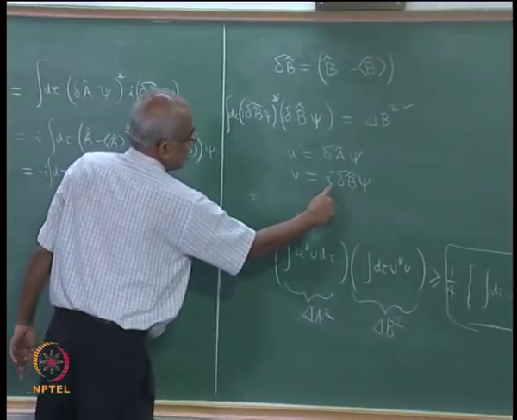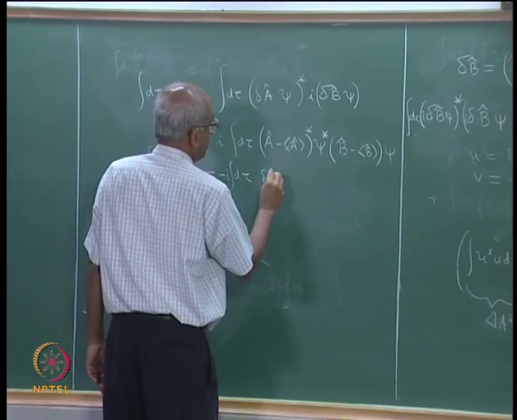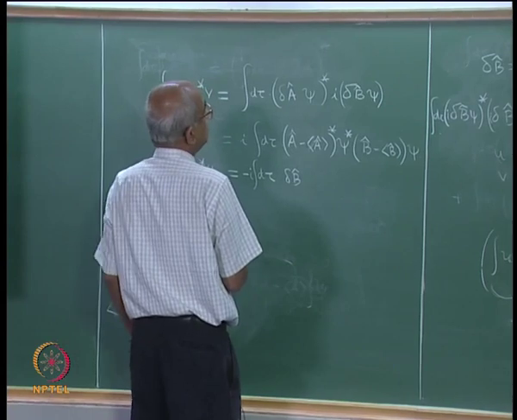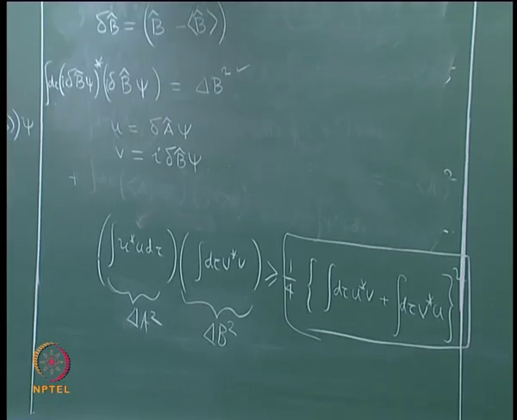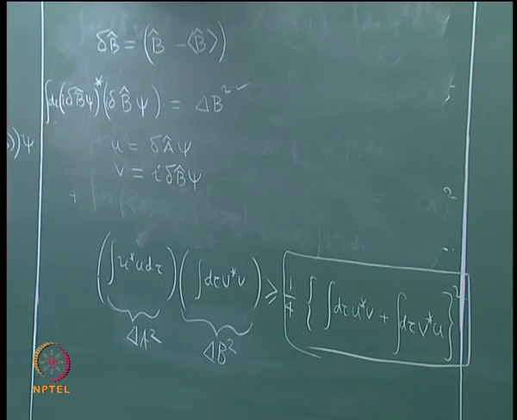So if you took the star, it is going to give me a minus i delta b operating upon what?